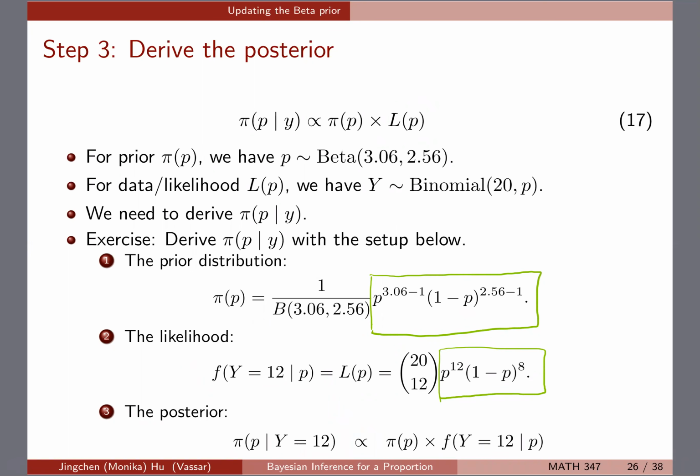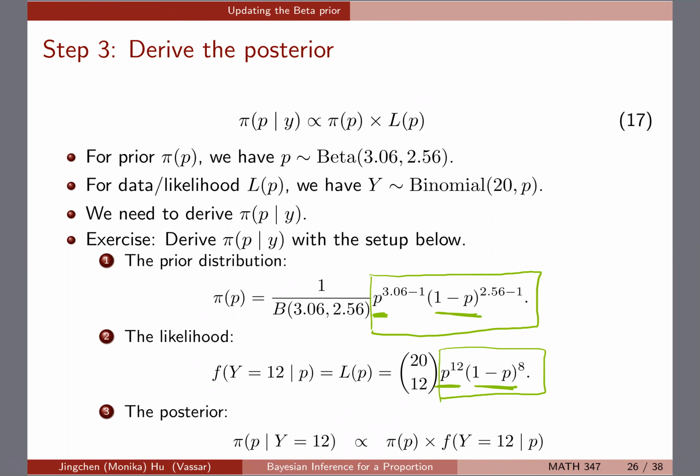So let me pause for 1 to 2 minutes and ask you to try this. We talked about the beta distribution previously; the kernel is very similar to the binomial, and that means the kernel of the binomial is also very similar to the beta. So if you can collect the terms about the power of P and the power of 1 minus P, you'll be able to recognize something in the same format, but with a different power, okay?